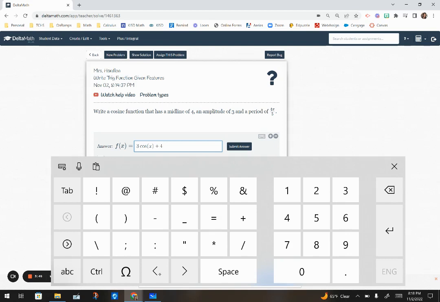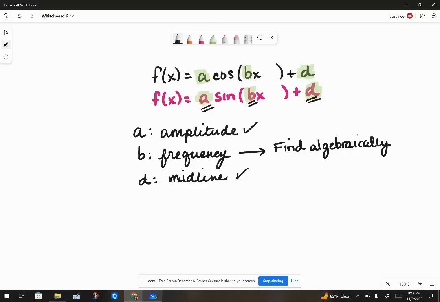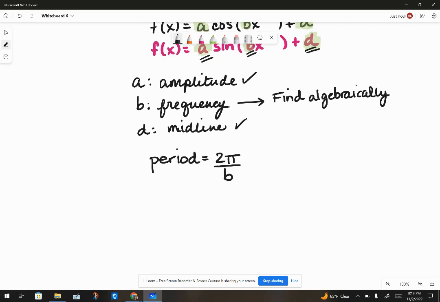And I'm going to use the period that was given to me right here, period 4 pi over 5. So I'm going to go here and write down the formula for period. Okay, the formula for period is 2 pi over B. They gave us the value of our period, so I'm going to substitute period with the value that they gave me.